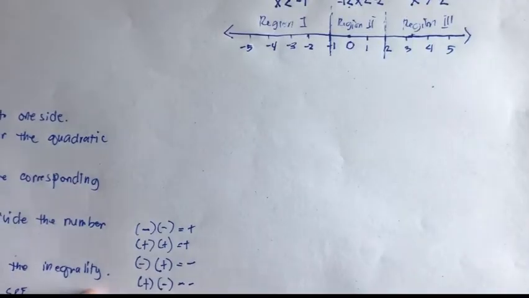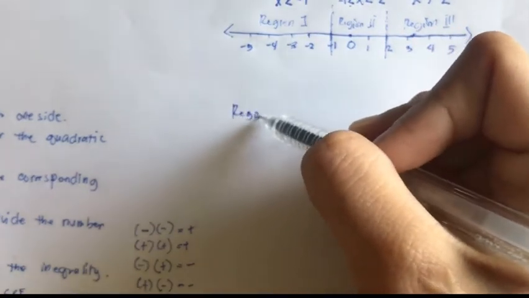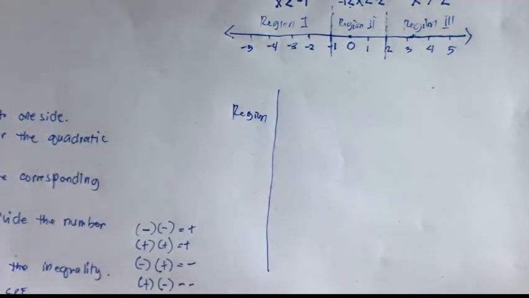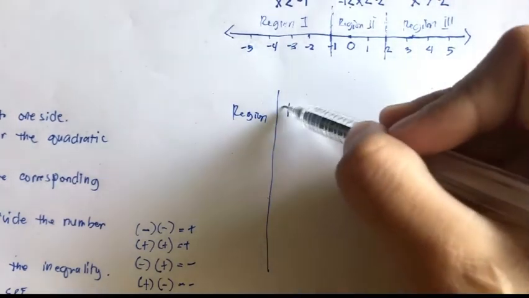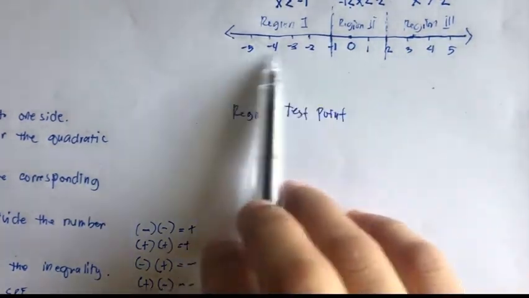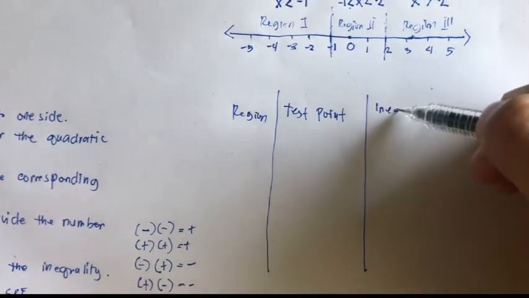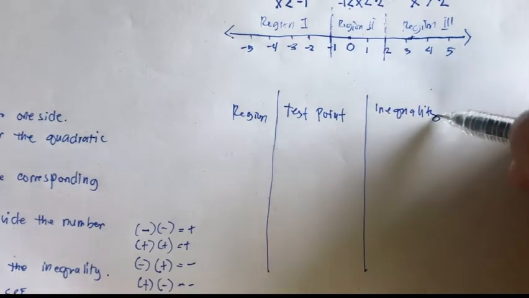So next, our next step is number 5, to test each region using the inequality. Let's make a table. On our first column, we have the region. In our second column, we have the test point. This test point, we can find on the number line. And then we have the inequality.